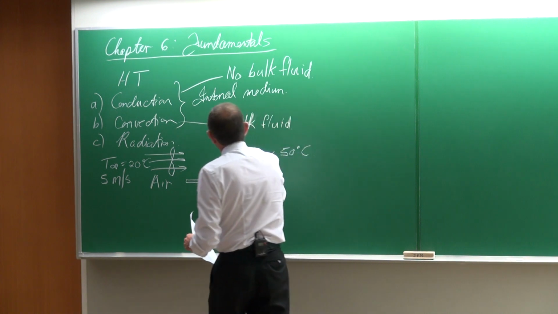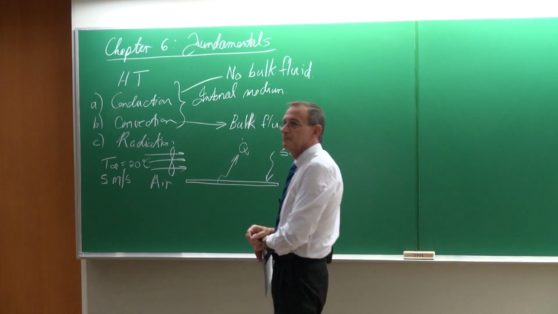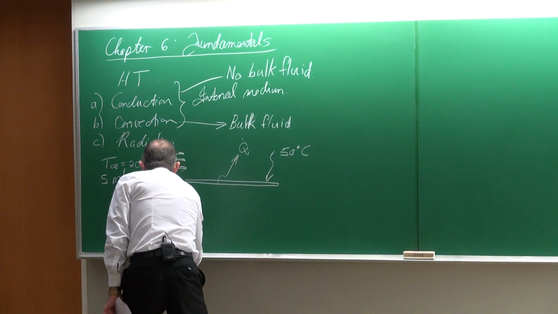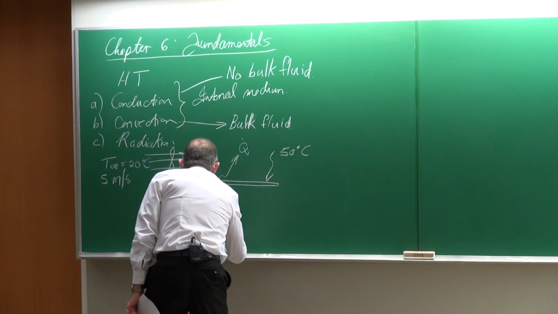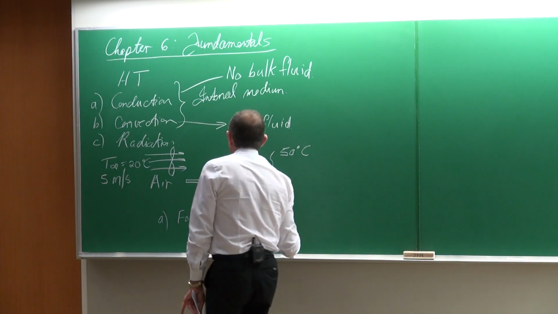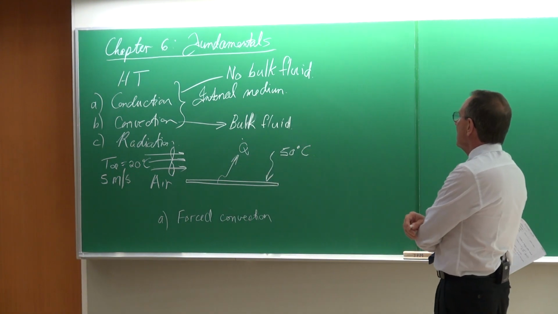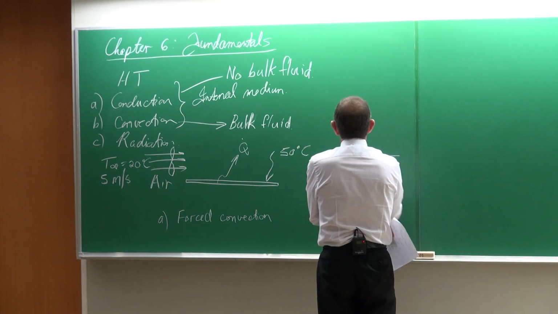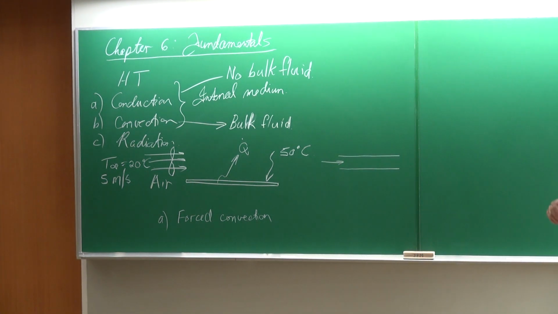And that would be the heat transfer rate, Q1. And this we are going to call forced convection. So the fluid is being forced over an object. It can also be fluid which is being pumped through a tube, for example. That is also forced convection heat transfer.